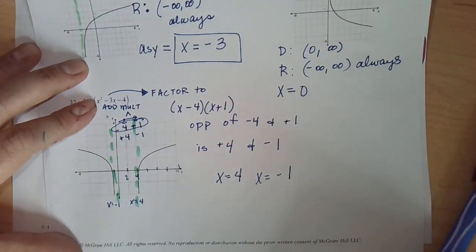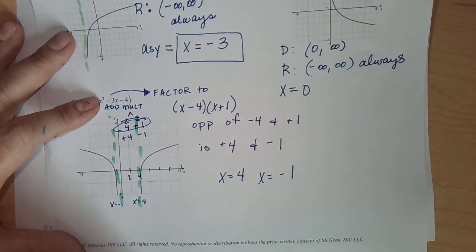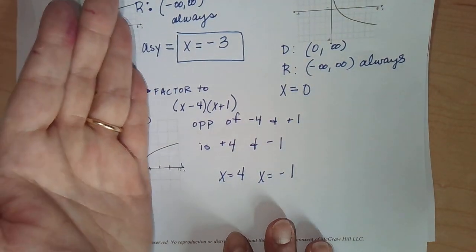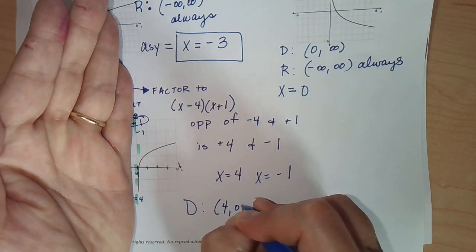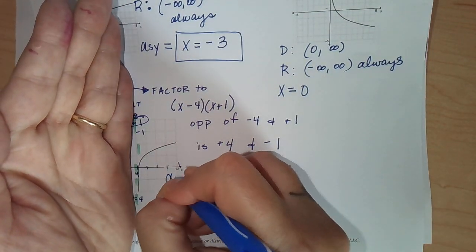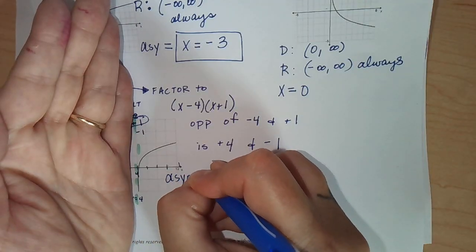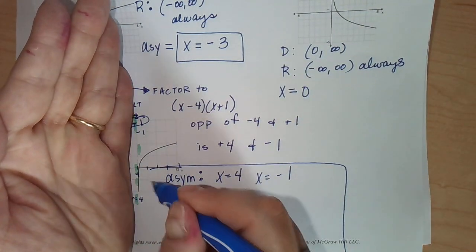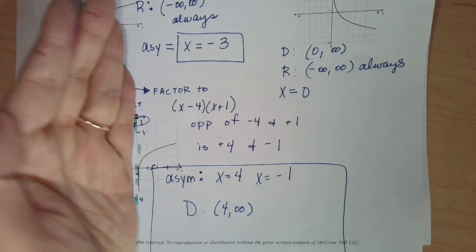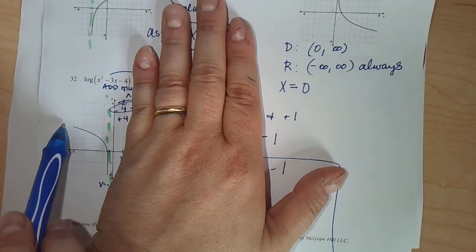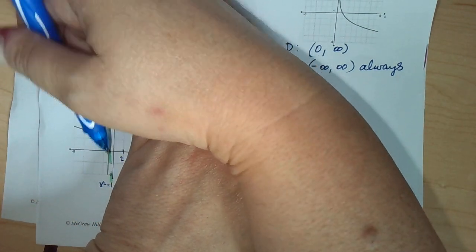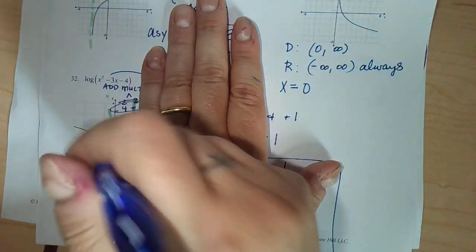All right, let's do our domain. Our domain is a little different, okay? We definitely have that 4 to infinity to match with this asymptote of x equals 4. But now we need to describe this left-hand side. Well, it looks like this left-hand side goes from way over here on the left all the way up to this asymptote of -1.